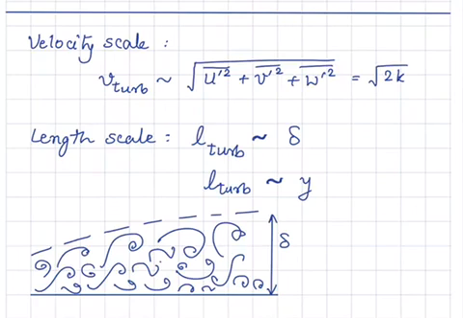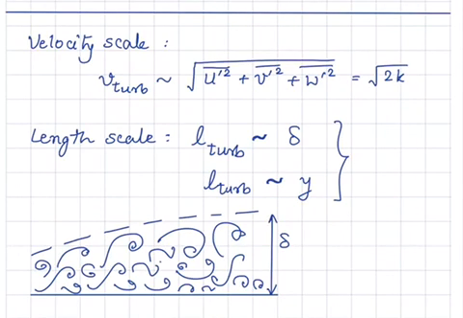So length scale is a very tricky thing to obtain a priori, before you compute the flow. To get to the estimate of the length scale is not easy, and these are some forms of turbulence models. Of course, there are many more. You put in certain constants and certain empirical functions in there to make it work.